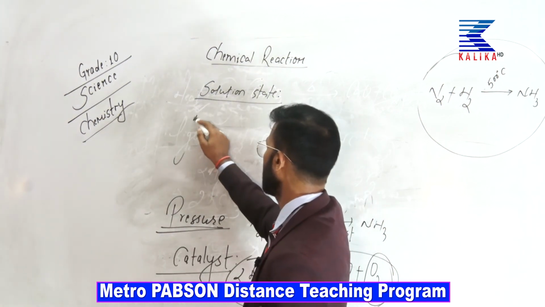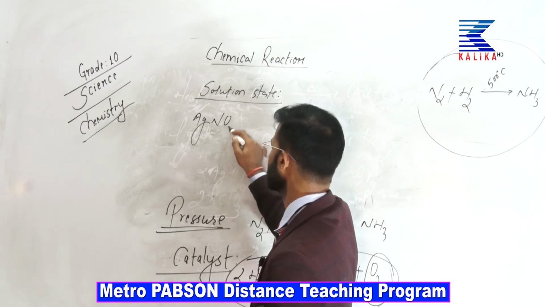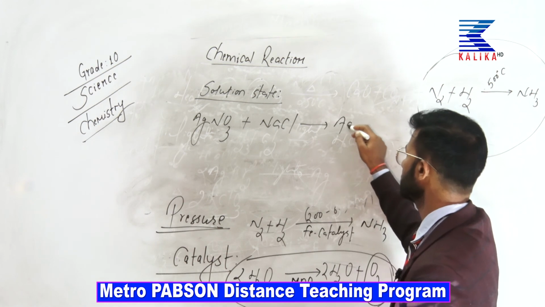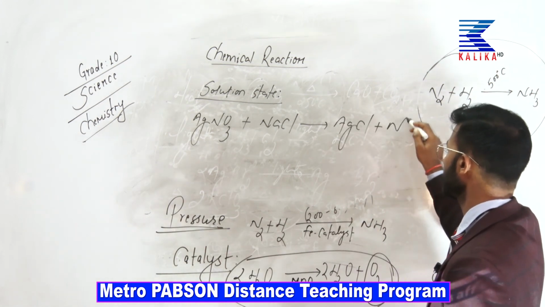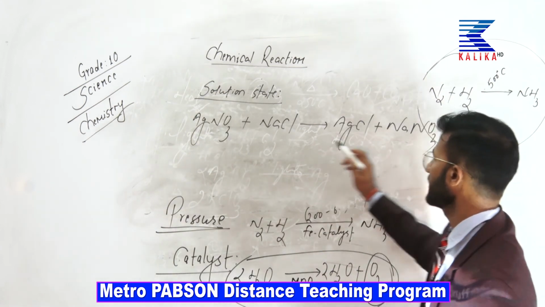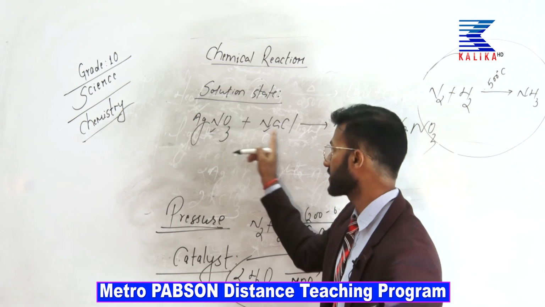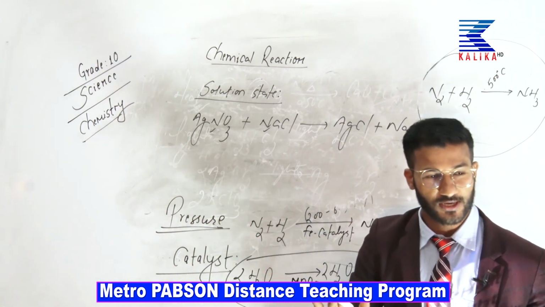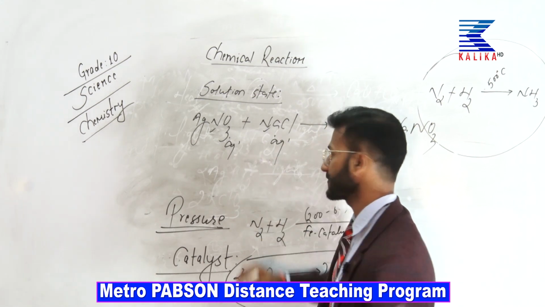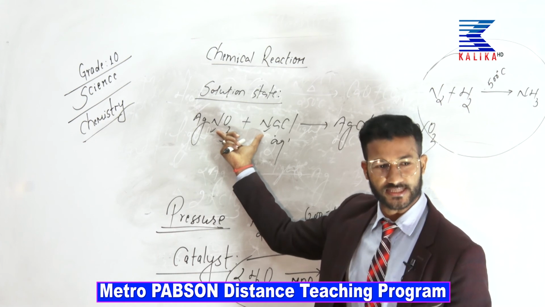Actually, I already plotted this reaction before. AgNO3 plus NaCl gives AgCl plus NaNO3. In this chemical reaction, these compounds react only when their aqueous solutions are reacted together. I mean to say, they react only in their aqueous state.